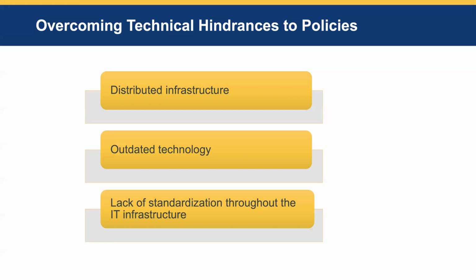A lack of standardization throughout the organization's IT infrastructure is a problem because it can lead to similar technologies being used differently by different lines of business. It's important to note that we want each line of business to have its own technologists that apply the needed standards to similar technology.